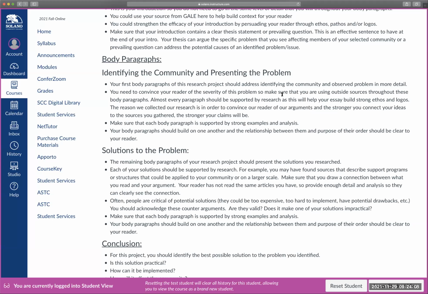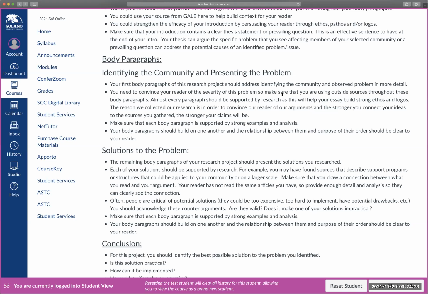So this is where you show your reader, here's what the community is, and here's the problem that they're facing. And you need to convince your reader of the severity of this problem and make sure that you're using outside sources throughout these body paragraphs. Almost every paragraph should be supported by research, as this will help your essay build strong ethos and logos, right?